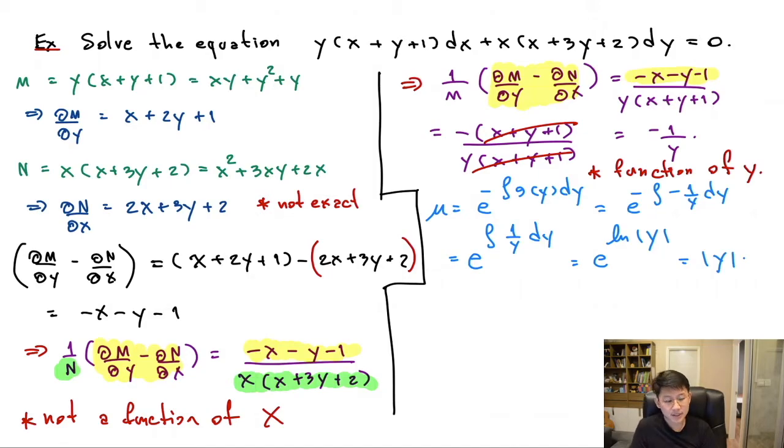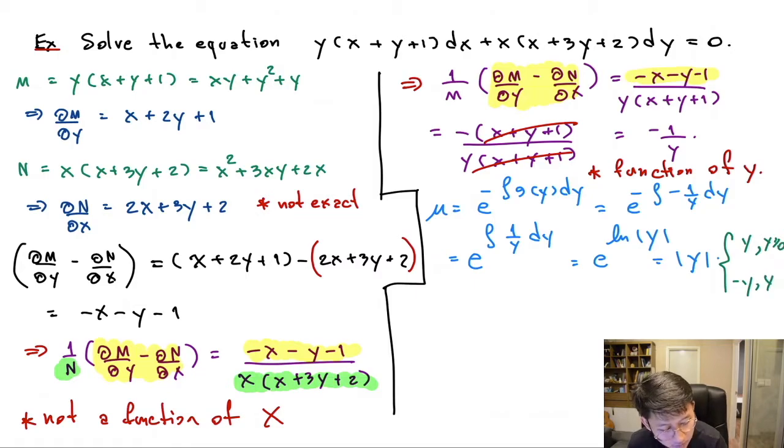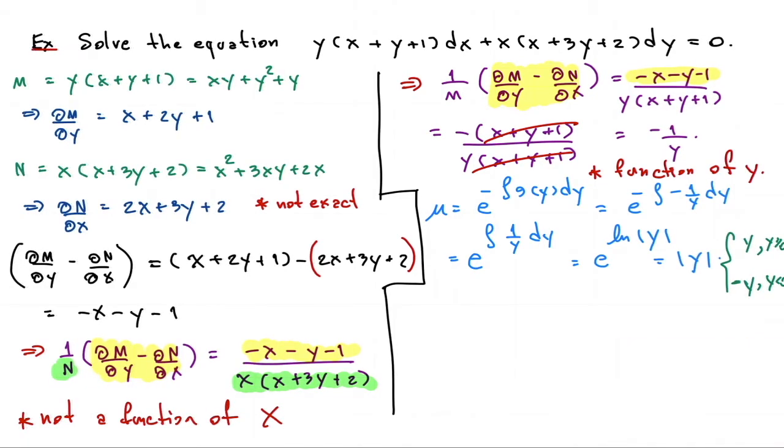But guys, as you know, absolute y can be either y or minus y, right? Depending on whether y is not less than 0 or y is less than 0. We have two cases. The absolute y can be y and minus y. But guys, this is a trick we use quite a lot.